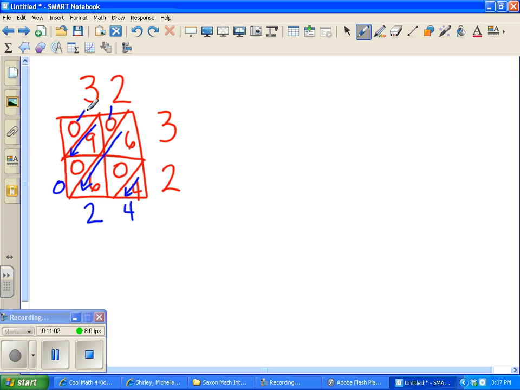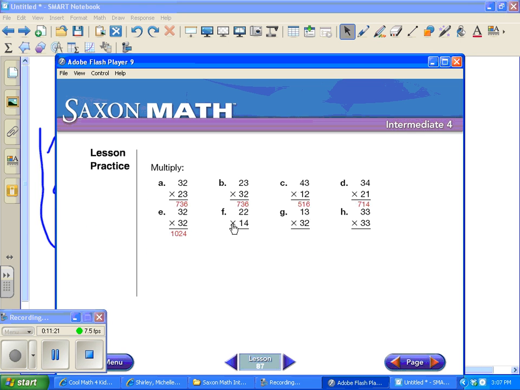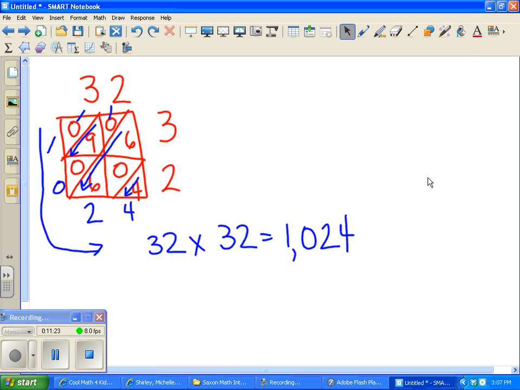Did you see how I carried? And 1 plus 0 is 1. So I read my answer like this. And 32 times 32 equals 1024. I copy it just like that. Put in my comma, 1024. Pretty cool, huh?